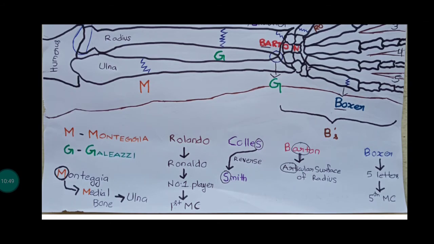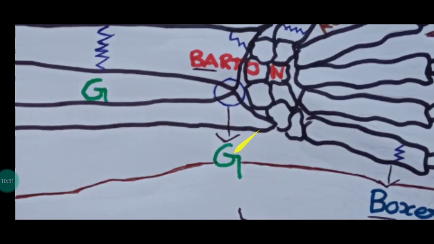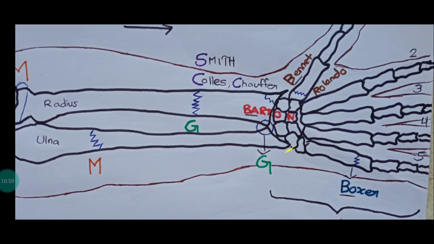Along with that, what do we have in that area? We have the carpal bones. That is, the carpal bones will be displaced either anteriorly or posteriorly. This is Barton's fracture. So once again, Barton's fracture is nothing but a fracture in the distal articular surface of the radius with displacement of the carpal bones. Okay, this is Barton's fracture.